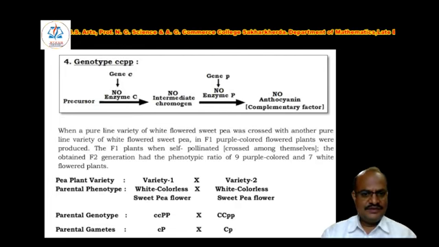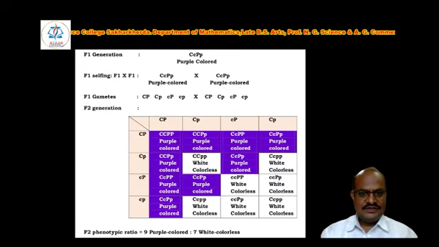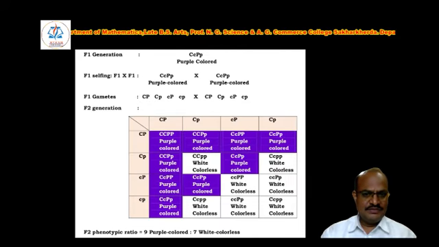When the F1 plant is self pollinated, the obtained F2 generation has the phenotypic ratio of 9 purple color flowers and 7 white color flowers. Here we can see that the F1 generation has purple color flowers, and when that F1 generation is selfed, it produces the F2 generation.